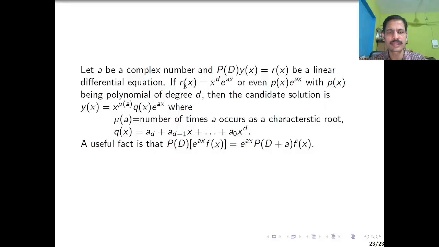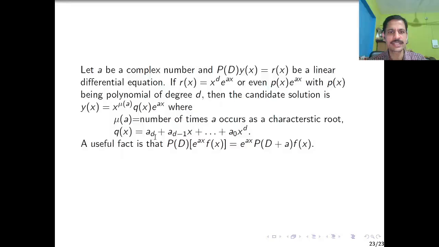If the Rx, the right hand side, is equal to x raised to d e raised to ax, or even px e raised to ax, with px being a polynomial of degree d, then the candidate solution is yx is equal to x raised to mu a qx e raised to ax, where mu a is equal to the number of times a occurs as a characteristic root. Qx is a polynomial of degree d.